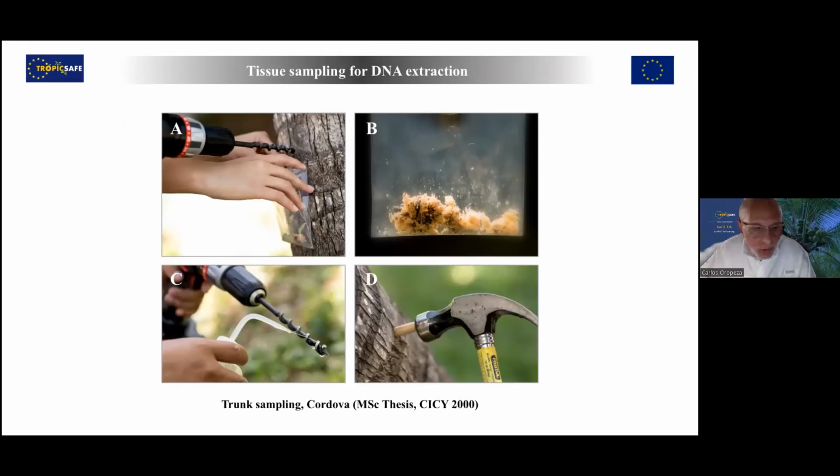This I have already shown, this information as well. Well, in order to study the presence of phytoplasmas, you take samples. These kinds of pictures have been shown before. We reported this for the first time in 2000.